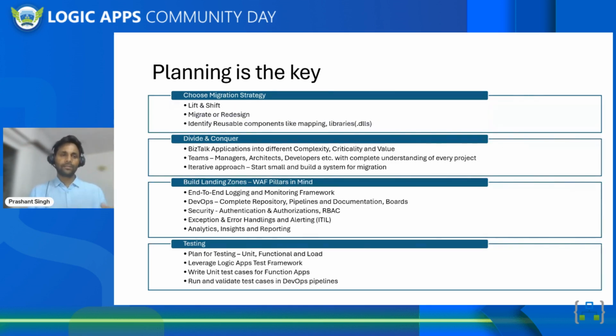There will be multiple scenarios in which your message flows from logic apps to function app to APIM and so on. And there should be a mechanism where you should be able to trace it end to end from start to end using some or the other way. And that is where you should design your own custom end-to-end logging and monitoring framework. I'll be talking about one in some time.